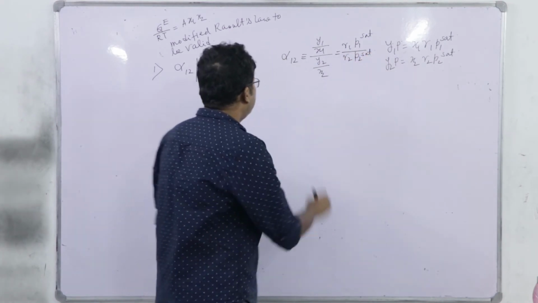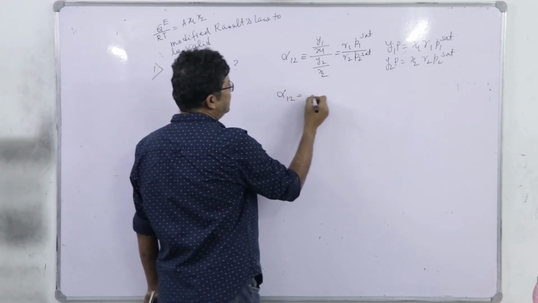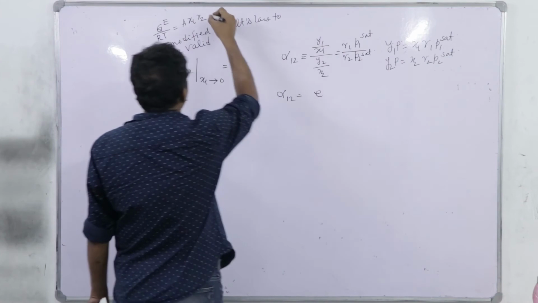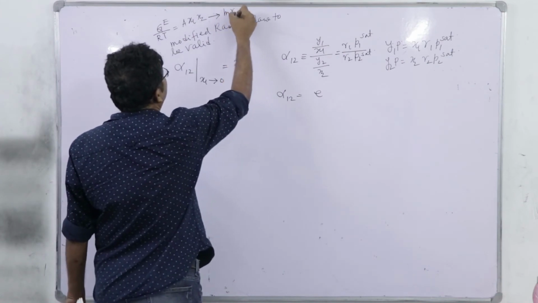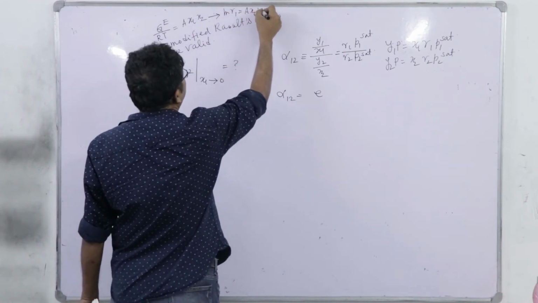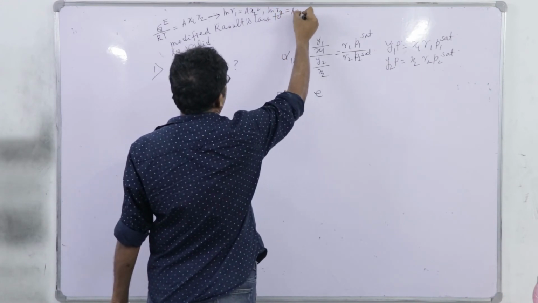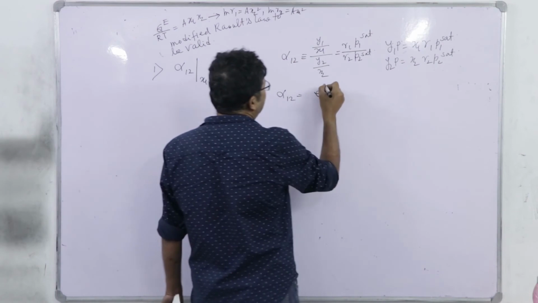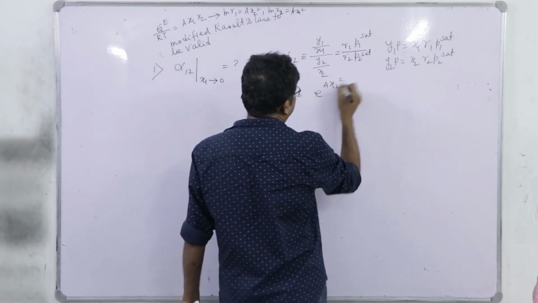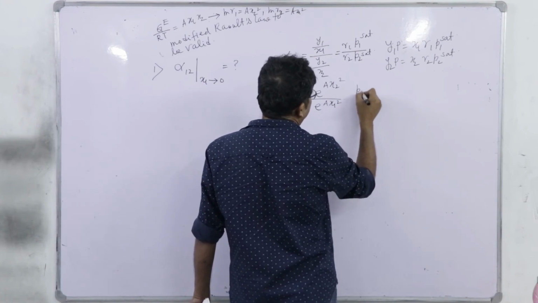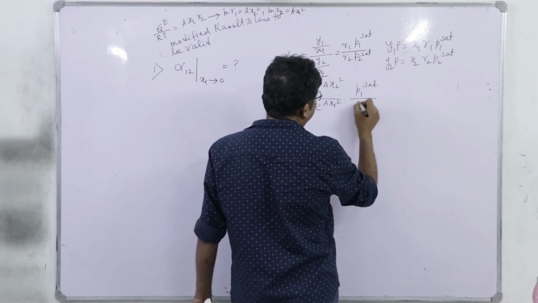Correct? So alpha 1 2 is gamma 1 by gamma 2 times P1 sat by P2 sat, and here again ln gamma 1 is equal to a x2 square, ln gamma 2 is equal to a x1 square. So e to the power a x2 square by e to the power a x1 square into P1 sat by P2 sat.